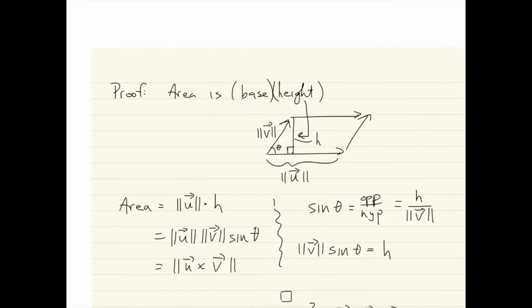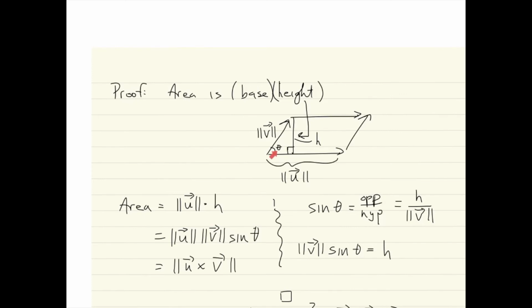So the area of a parallelogram is its base times height. And by height, I mean the perpendicular from one side to the opposite side. And so we've got one side being equal to the norm of u, and then the height, I'm just calling it h. And what is h equal to? Well, we have to use some trigonometry.